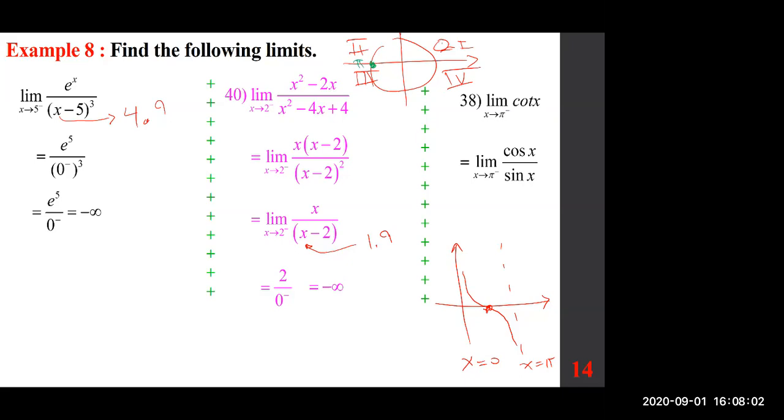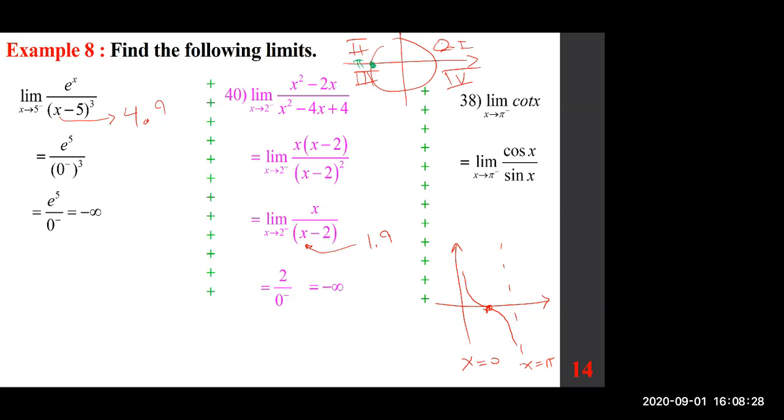So when we say pi from the left, like 179 degrees, that means the second quadrant. In the second and third quadrant, cosine is negative. The cosine is positive in the first and fourth quadrant. So that's negative 1.